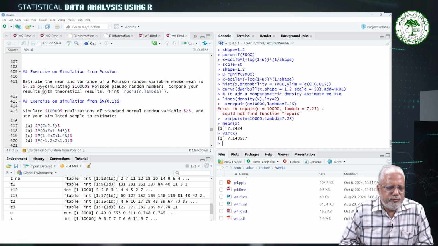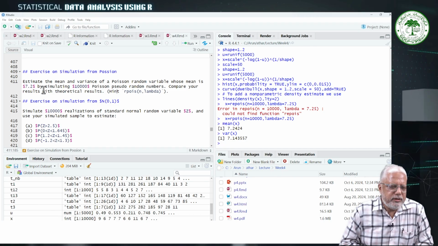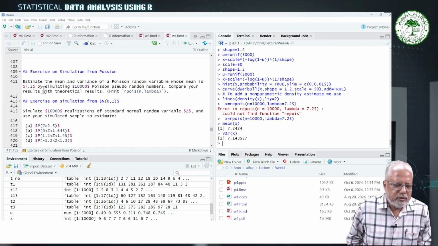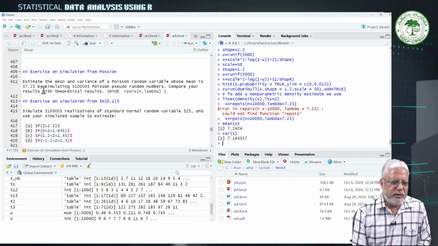Now an exercise on simulation from normal 0, 1.